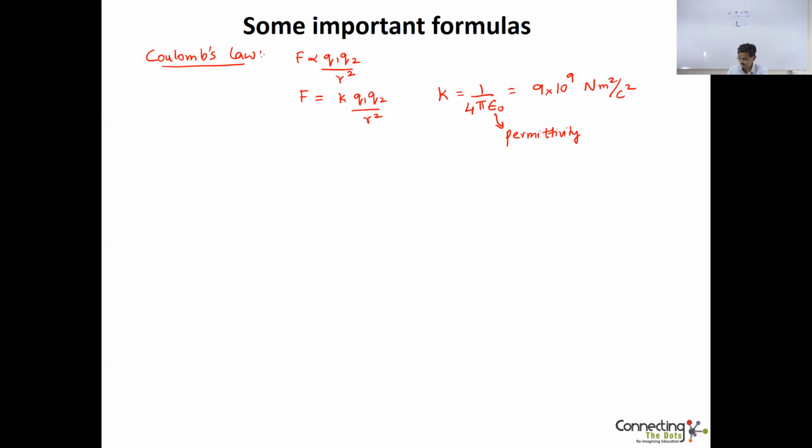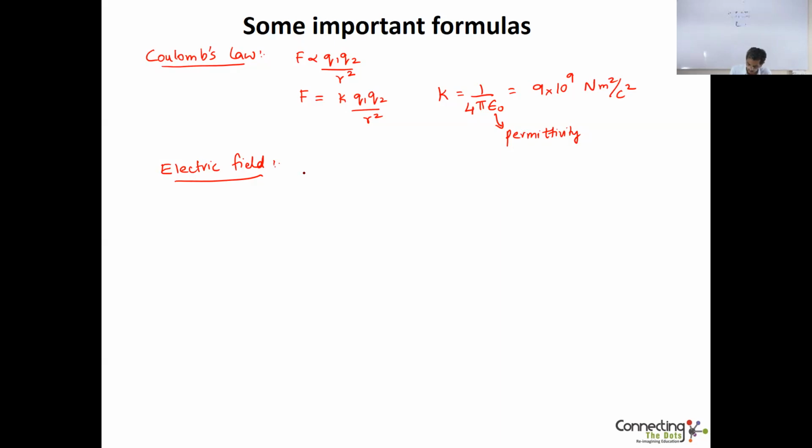What else did we use? We used the concept of electric field. Now, what is electric field? Electric field indicates the force exerted by the field on a unit positive charge in the field. The electric field shows both the magnitude and the direction of the force exerted by the field on a unit positive charge.